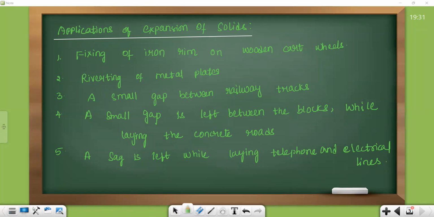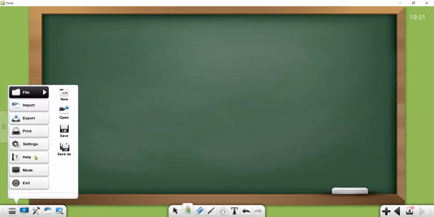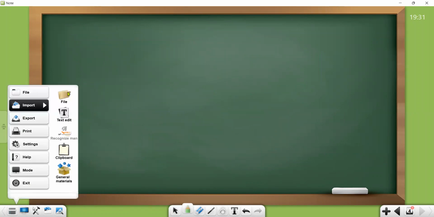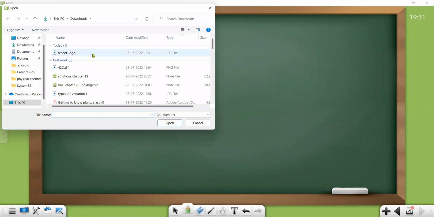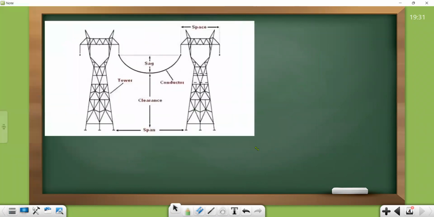Everybody knows this, but you don't know what exactly a sag is. Just before I told you, they are tied very loosely around the poles. So in between the poles, how are the wires tied, students? Ma'am, spirally. I'll show you. They will tie loosely this way.